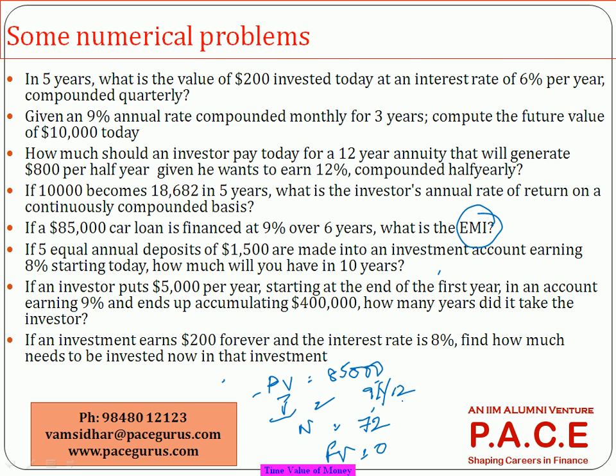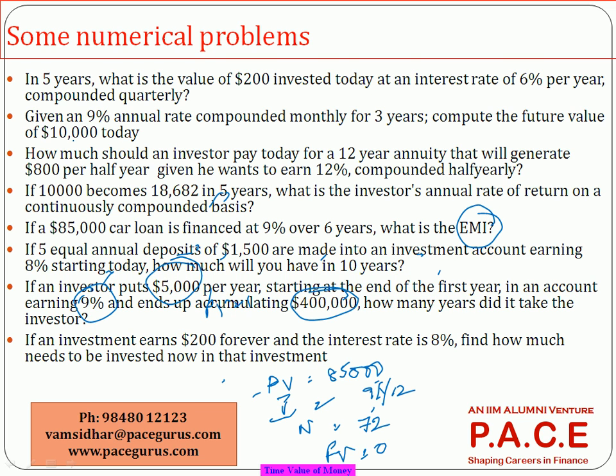We have PMT is minus 5,000. FV is 400,000. I is 9, the yearly interest rate. And you have to find out N, and PV is 0 because today you are not putting anything.